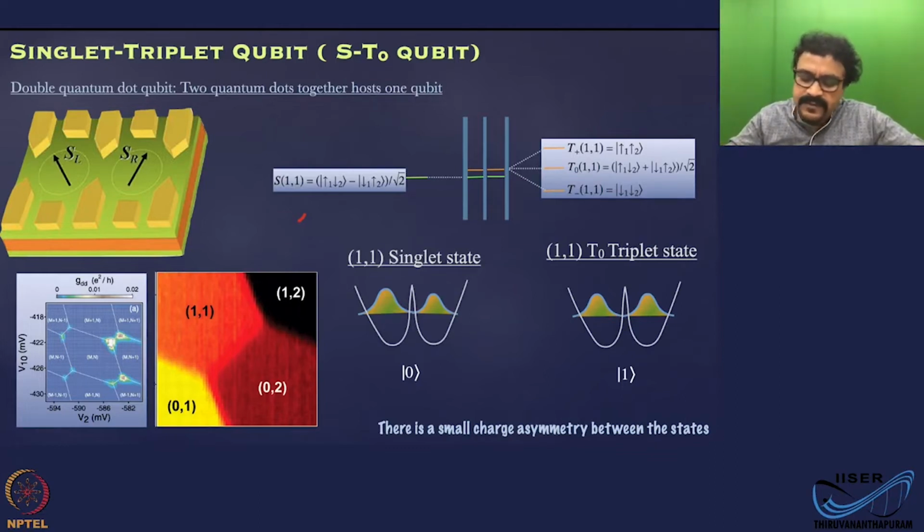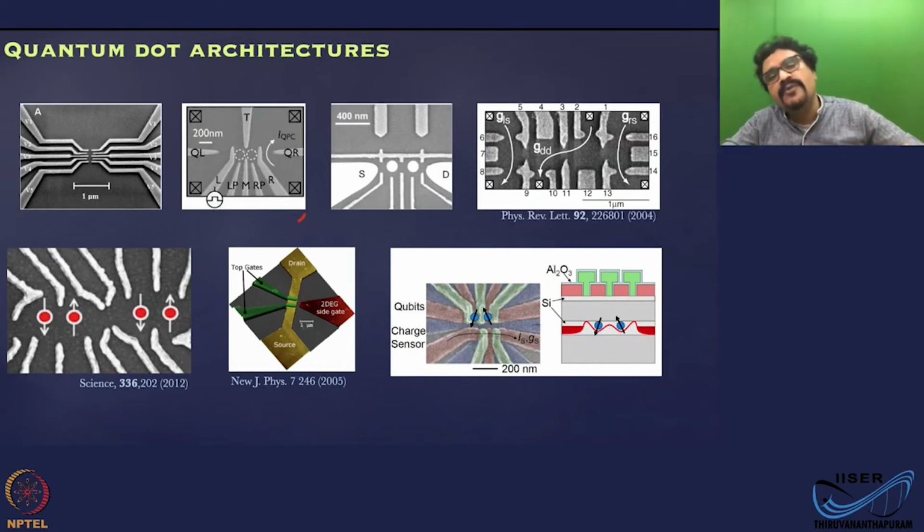Now let's look at what various configurations this gated quantum dot system has gone through over the years. So this is one of the earlier designs where you have gates and source and drain here, and when you apply voltages on all of this, you get 2 dots.